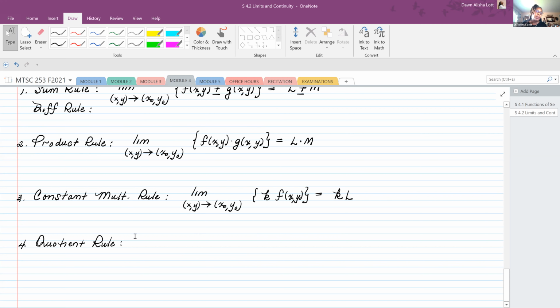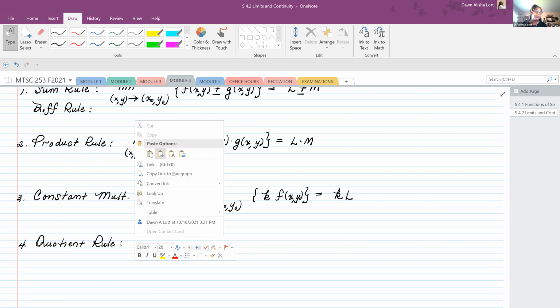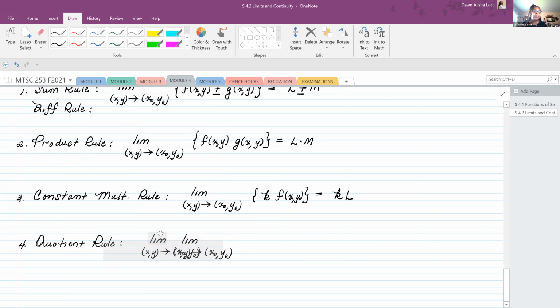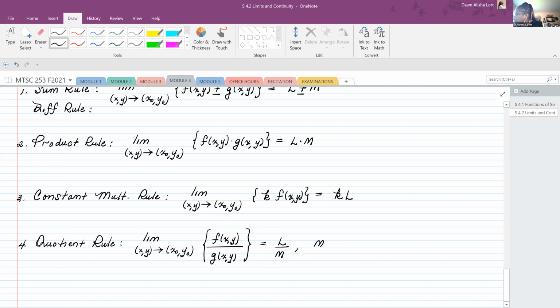So we take the limit and now we have f of x, y over g of x, y. And that's going to equal L over M, provided M is not equal to 0.